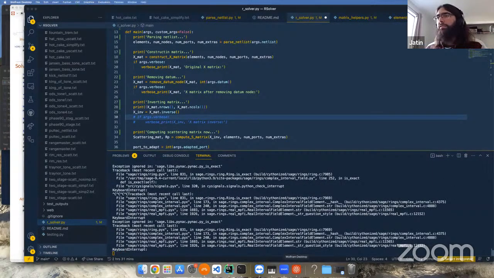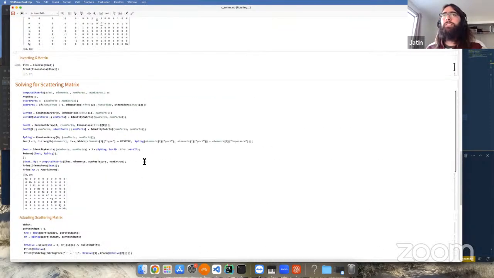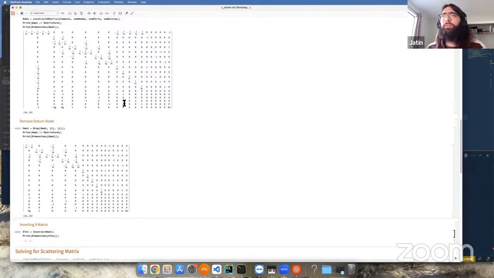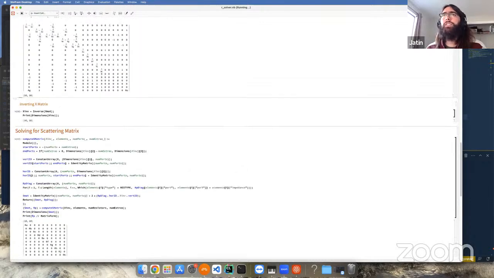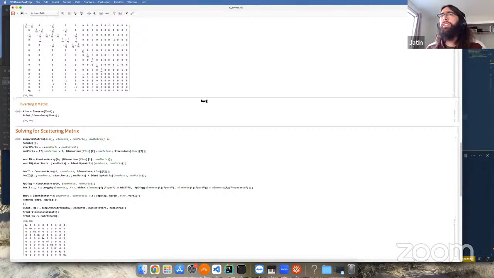Wow, I really would have thought that Mathematica would be the faster one here. It's a little bit disappointing for me. Oh, I think I messed this up because I ran this cell twice without rerunning this one. So I think I need to abort this one anyway.